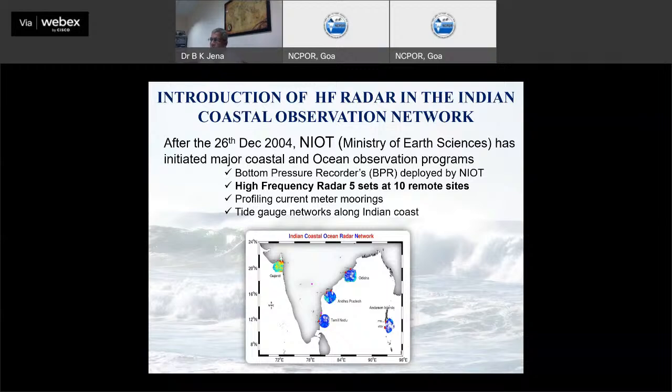Similarly, around 5 sets of high frequency radar have also been procured, installed and maintained since then. Apart from these two, many current meter moorings have been deployed, and the entire tide gauge network along the Indian coast has been established.